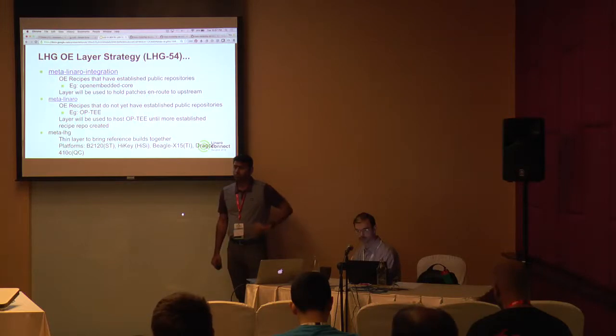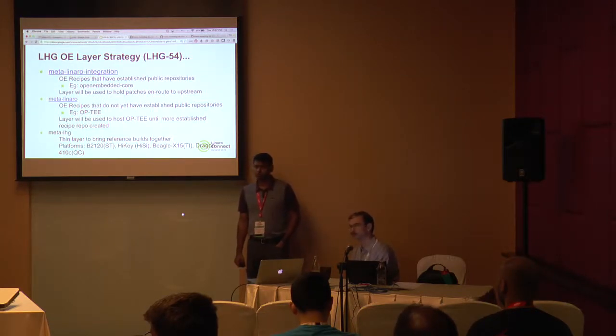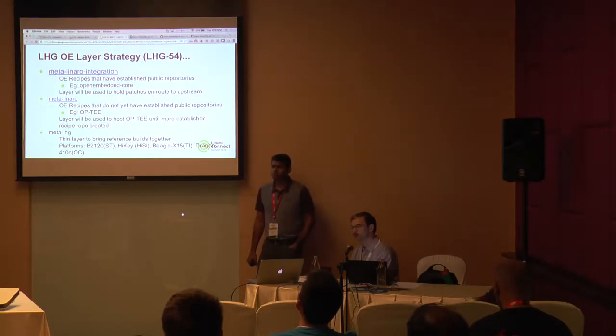So Meta Linaro is actually also an umbrella layer. Now within Meta Linaro, your maintainers will tell you, hey, this is something which should be a sub-layer underneath. So they may say, okay, create a meta opte or whatever. Or they may say, oh, these are not that many, we just put it in the Meta Linaro layer, right? So that is the discussion you have to have with them. But that's where the right place is.